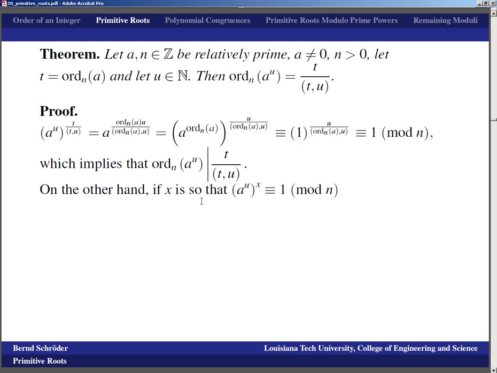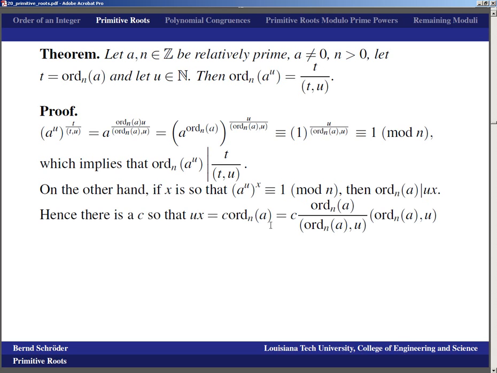On the other hand, take x so that a to the u to the x is equivalent to 1 modulo n. Well, then the order of a divides u times x, and that means there is a c so that u times x is c times the order of a, and that is c times the order of a divided by the greatest common divisor of the order of a and u, multiplied with the greatest common divisor of the order of a and u.